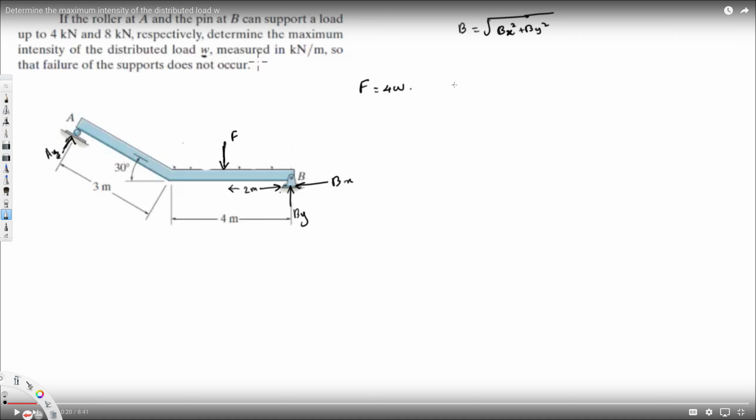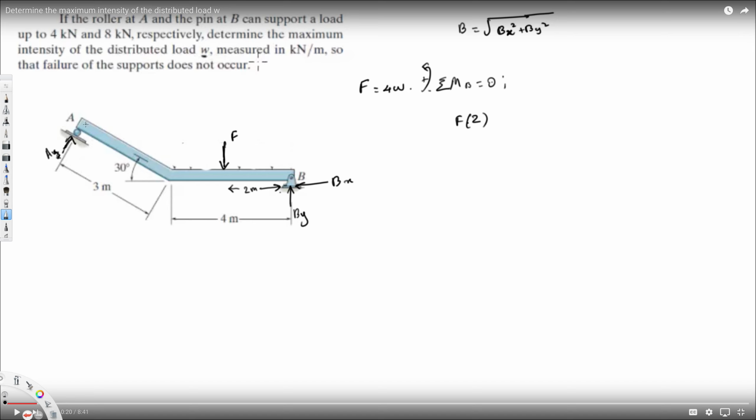The moment around B is 0 in statics, and if I take counterclockwise as positive, F is acting counterclockwise, so it's F times 2. Then we have Ay acting on it.